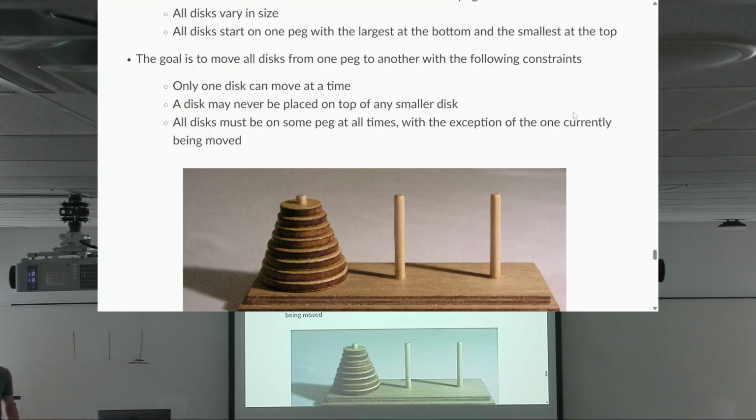Problem solved, okay? But if we have 3 disks, what happens? Okay, 1, 2, 3. Let's make it there. All right, how do I do it? Well, move the smaller disk here. Now I need to get this big one on another one, but I can't do that yet because I have to move this one, and I can't put it on top of that.